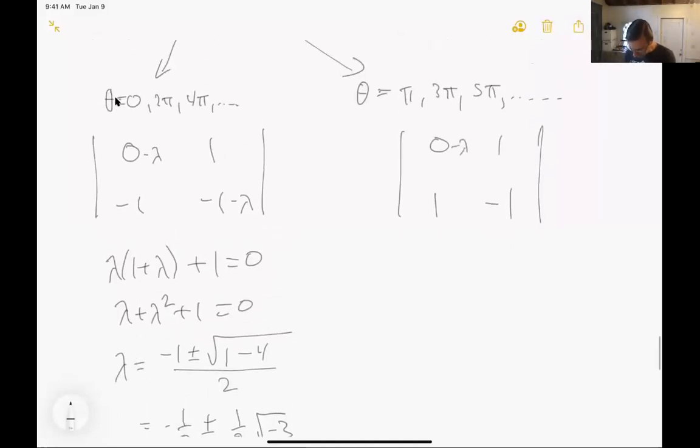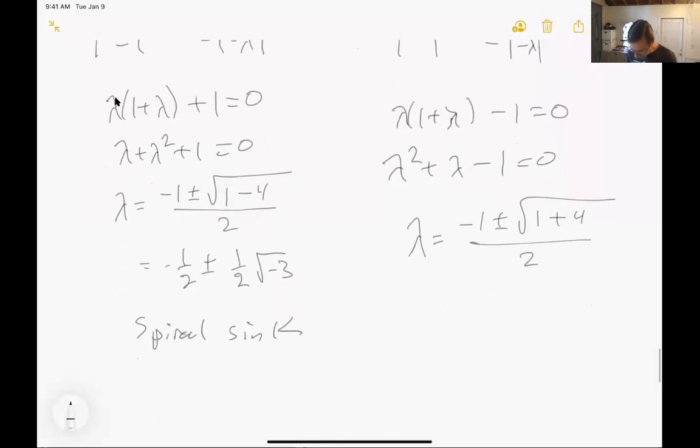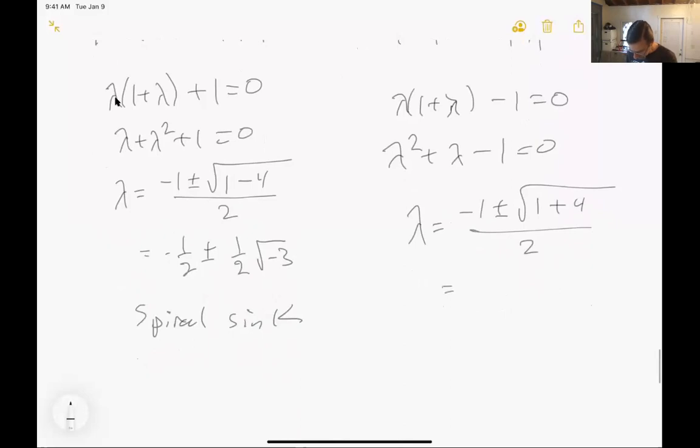Okay, let's do the other one. Subtract lambda. That gives us lambda times 1 plus lambda minus 1 equals 0. Lambda squared plus lambda minus 1 equals 0. Going kind of fast here. Lambda equals minus b plus or minus the square root of b squared minus 4ac, which gives us plus 4, all over 2a, which is minus 1 plus or minus root 5 over 2.